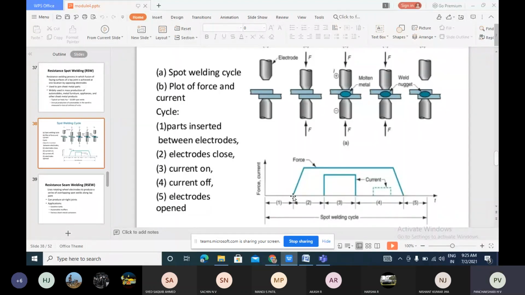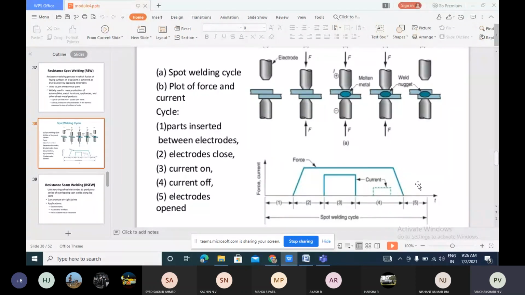Then the force is held constant through stages 2, 3, 4. After this, you can see the declination, or withdrawal of the force, slowly. In the fifth stage the force is completely withdrawn, so the force on the material is zero. So this is about the force distribution during the cycle of spot welding.